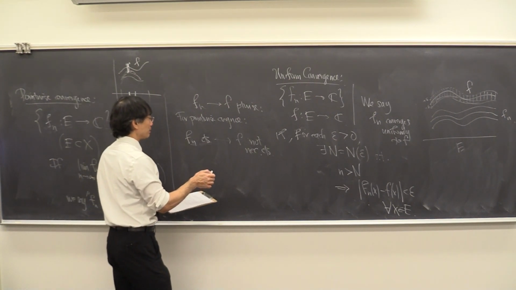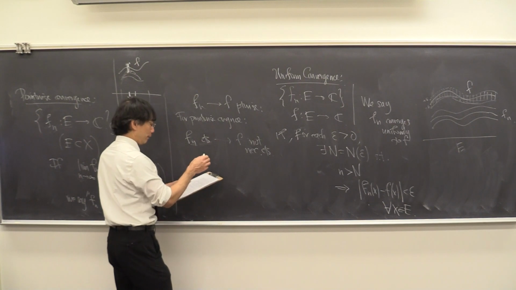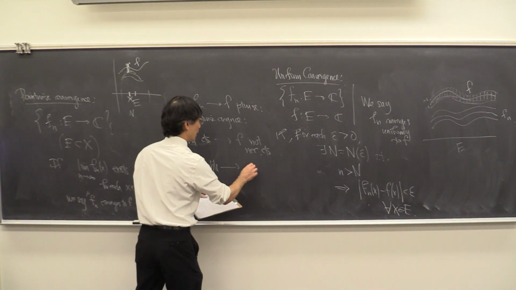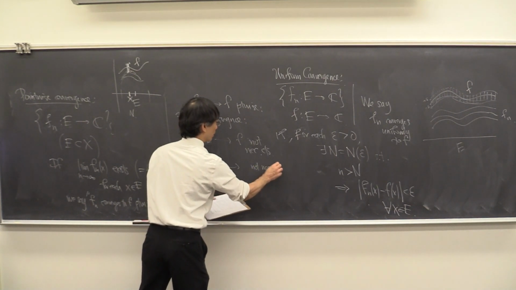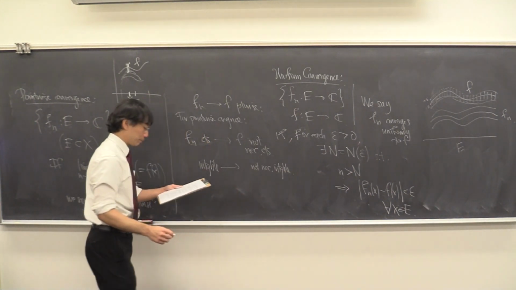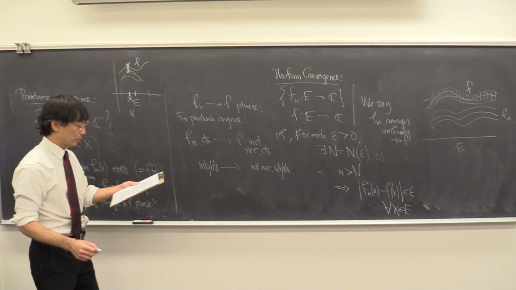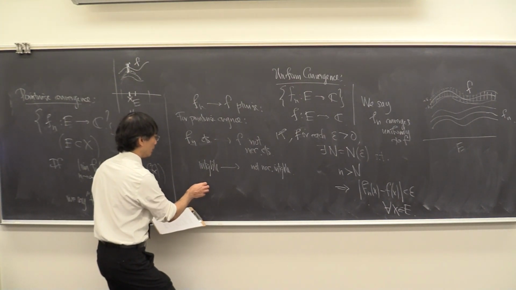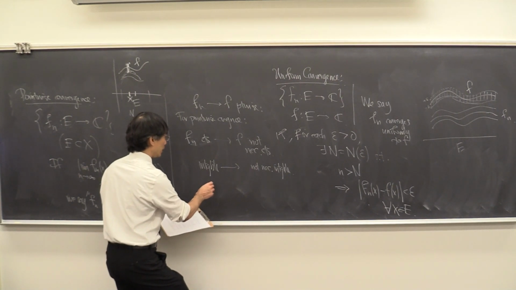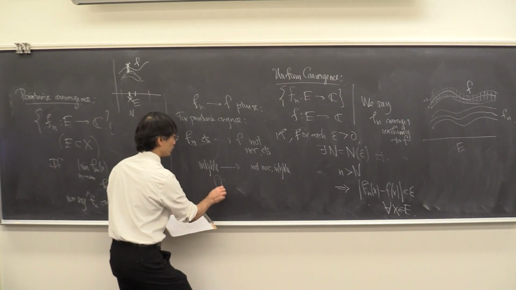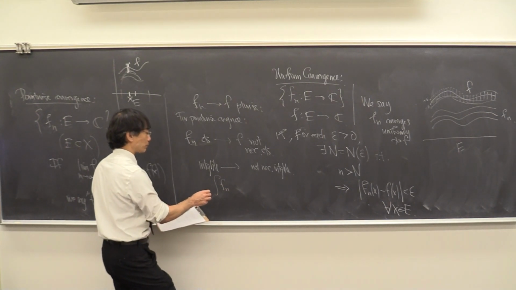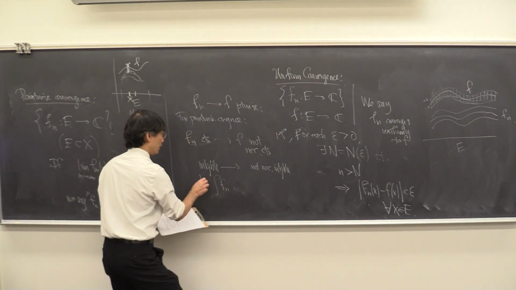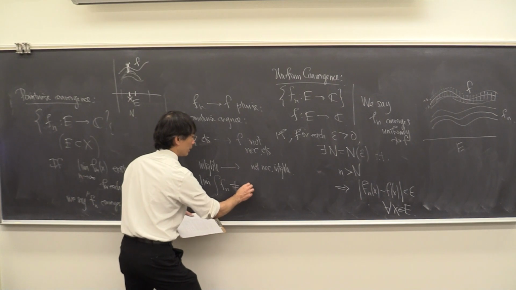You can have integrable functions that converge to something that's not necessarily integrable. Right. Another bad thing is that if you're taking an integral of pointwise convergent functions, the limit of the integral is not necessarily the integral of the limit.